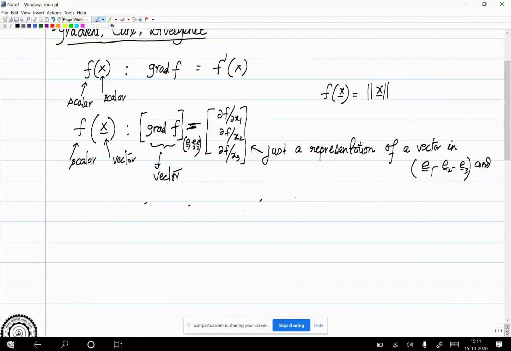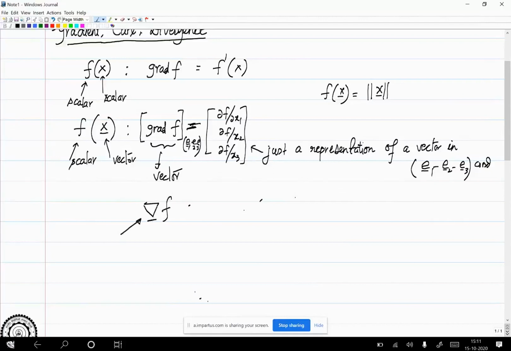So what is that vector itself? What will that be? The notation for it is, first of all, this inverted triangle with a bar below. We know that with a single bar we always denote a vector. So this is how we denote gradient.